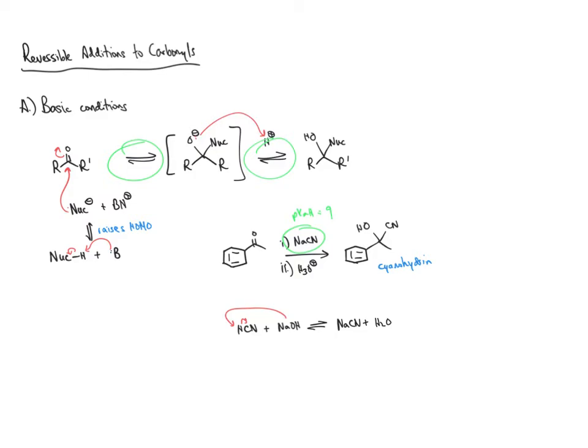Let's take the case of the acidic conditions. And there are many more examples of acidic conditions, but the principle is exactly the same. Under the acidic conditions, we're going to protonate the carbonyl to lower the LUMO.